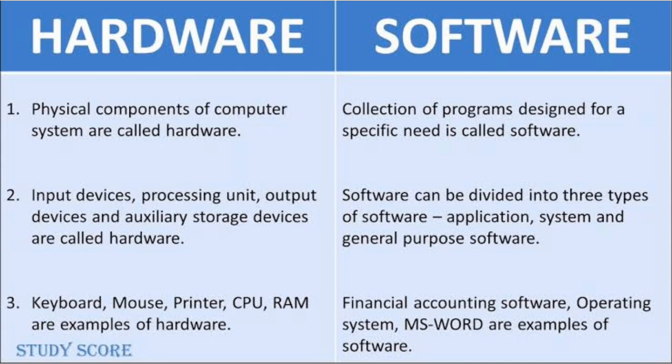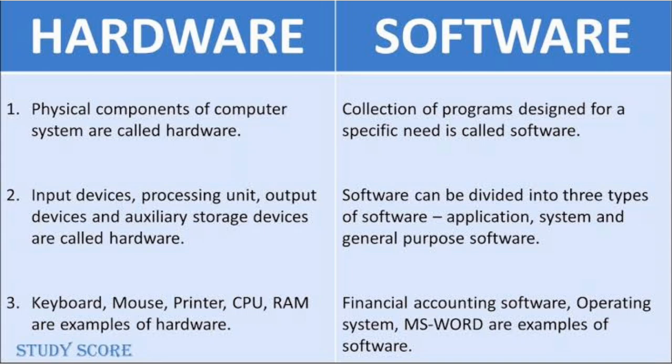Software is simply the collection of programs designed for a specific purpose. Software is simply a program that will be developed for a special purpose. Likewise, spreadsheets, word processing, gaming, websites, apps, different types of application software and system software are the examples of software.